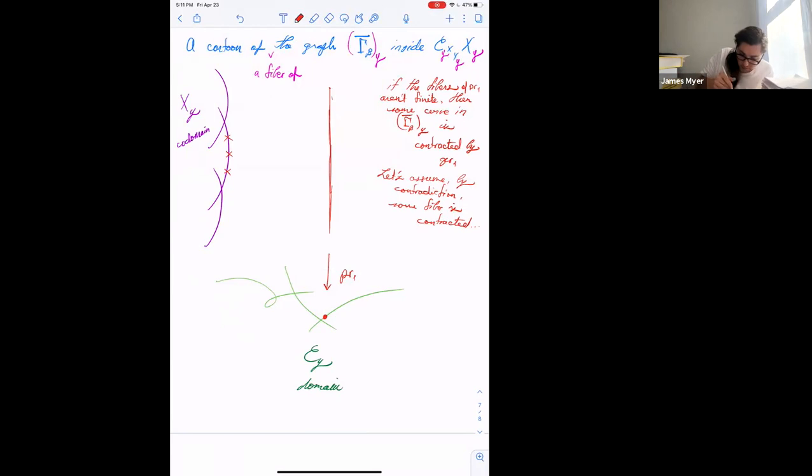Then these have some irreducible components that they map onto, maybe on this closure of the graph fiber, and now these markings would get mapped to some markings on these.